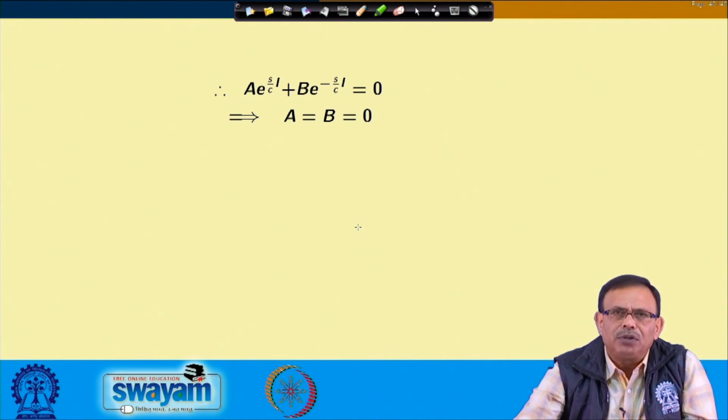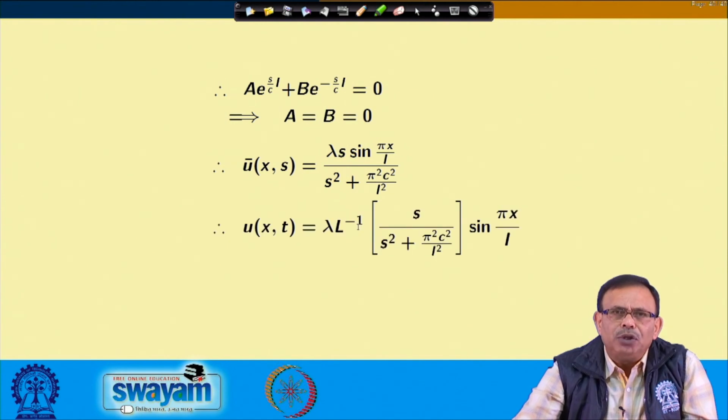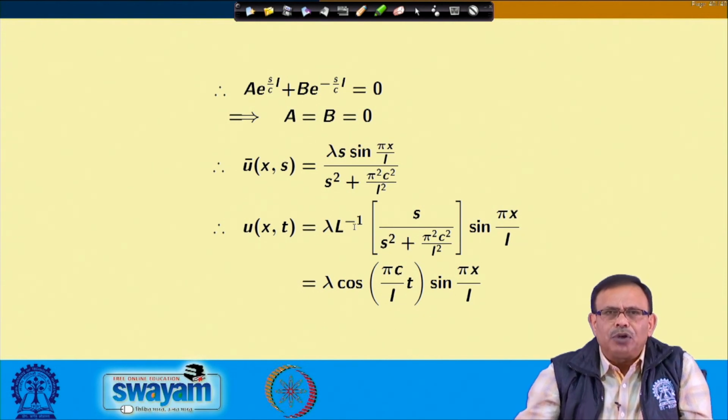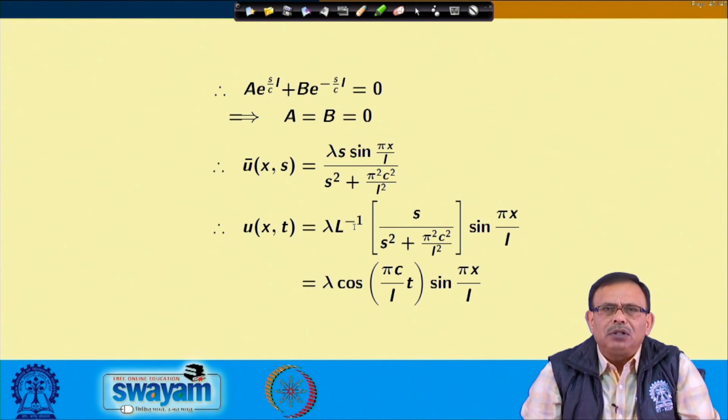Therefore, a equals 0 equals b. So u bar x s is this function, and u x t will be lambda into Laplace inverse of this into sin pi x by L. I can keep sin pi x by L outside because it is independent of s, and the Laplace inverse of s by s square plus a square form is nothing but the cos form. So lambda cos of pi c by L into t into sin pi x by L. Therefore, your solution is u x t equals this thing.